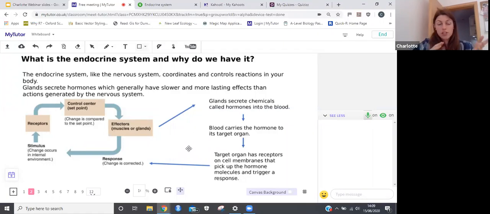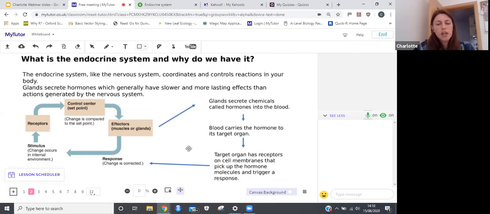So it is similar to the nervous system in that way, but it's made up of a different set of glands and chemicals. And it has a slightly different reaction time. So the endocrine system is made up of glands that secrete hormones, which generally have slower and more lasting effects than actions generated by the nervous system. Not always, but most of the time there is a slower reaction.